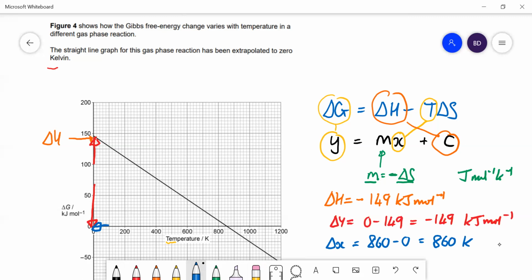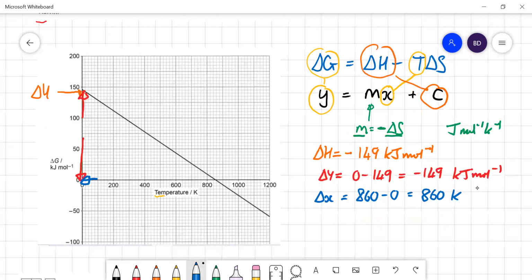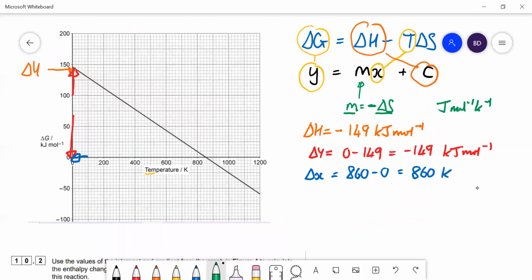Right, so what's our gradient equal to? m is equal to the change in y over the change in x. So that is 149 kilojoules per mole divided by 860 Kelvin, which gives us 0.173.